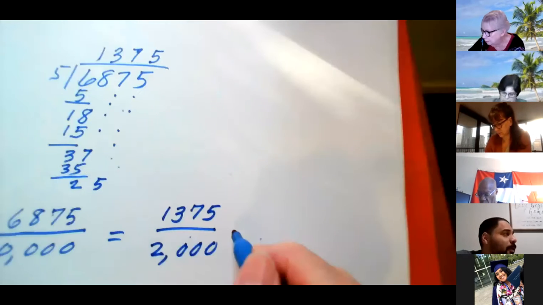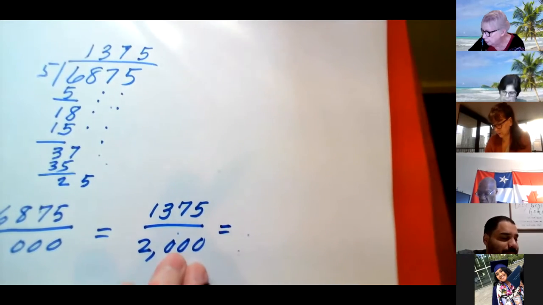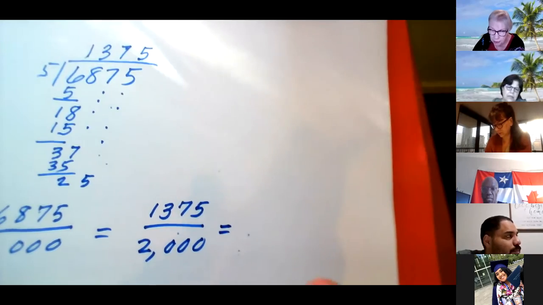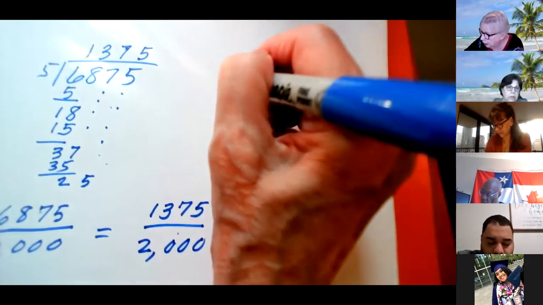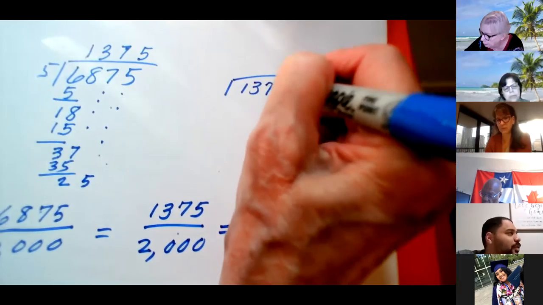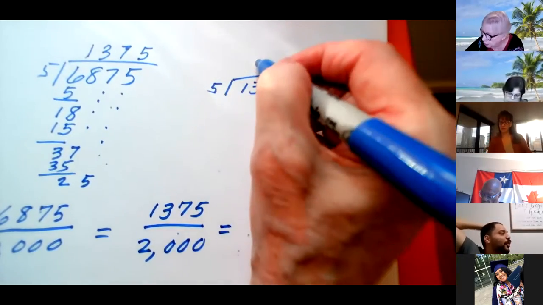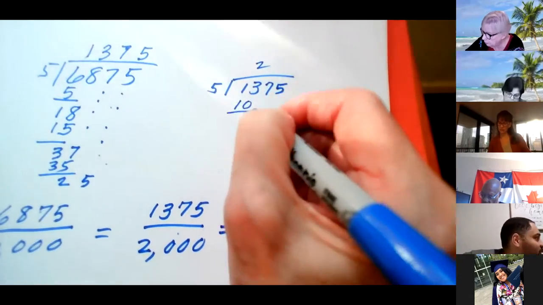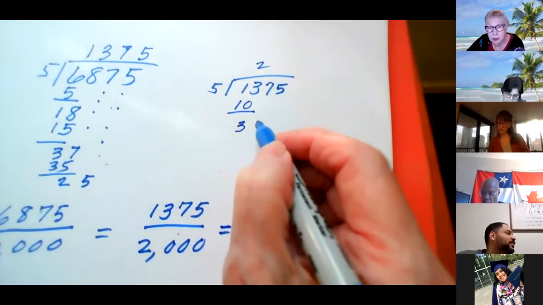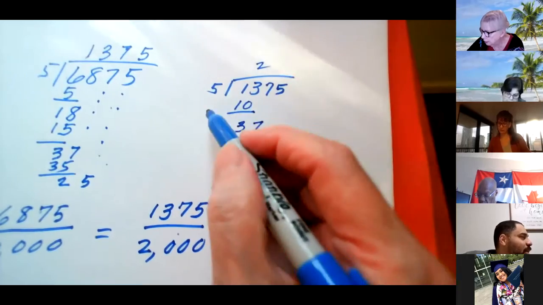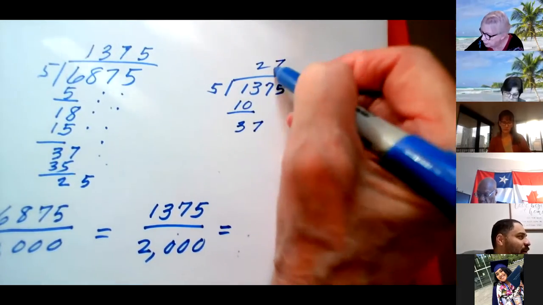And that's what you're going to have to do is keep going. This is smaller, but not anywhere near done. I'm going to take my 1375 by 5, and I'm hoping for a much better number. 5 into 13 is 2. Subtract 3, 37. 5 into 37 is 7.